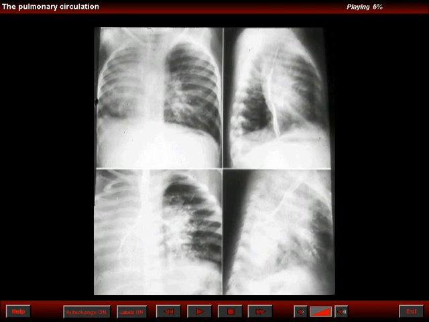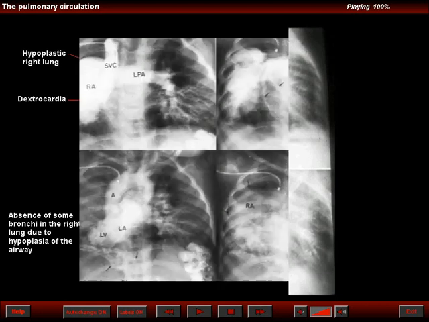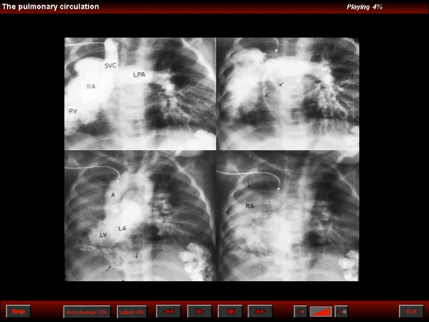This is a hypogenetic lung syndrome where there was evidence of dextral position of the heart, a hypoplastic right lung, and an anomaly in the bronchial tree. Note that some branches of the right main bronchus are missing due to aplasia of the airway. In a pulmonary angiogram, we can see the dextrorotated heart and dextral position of the heart.